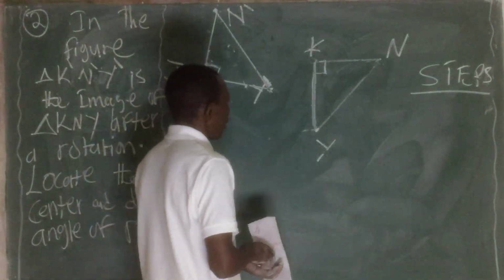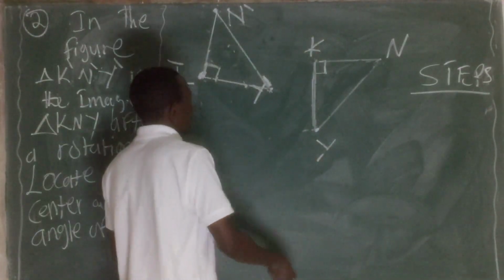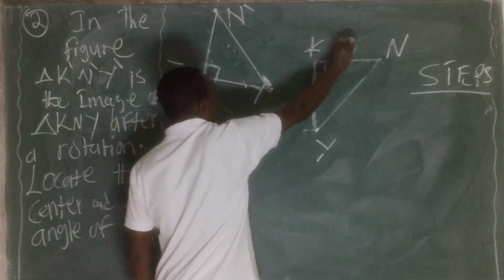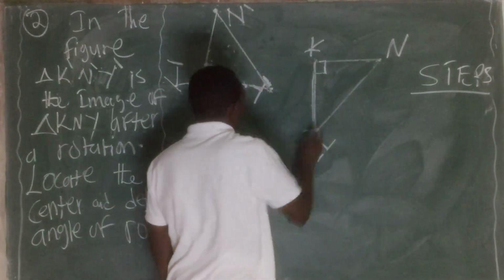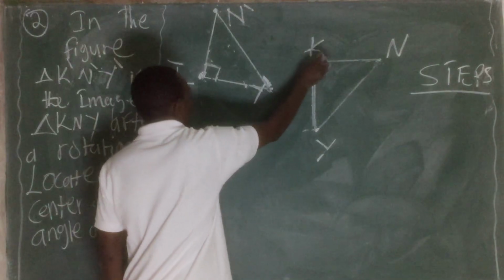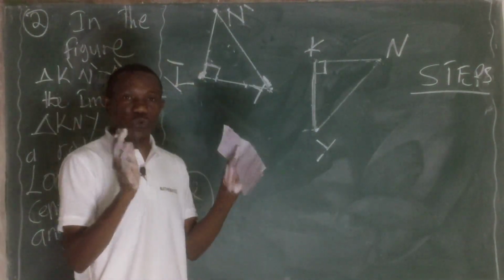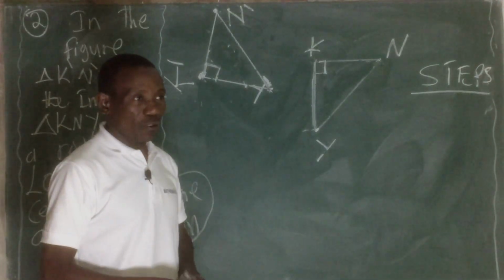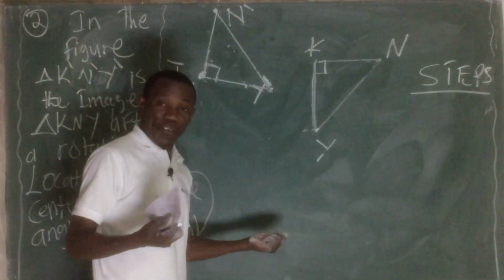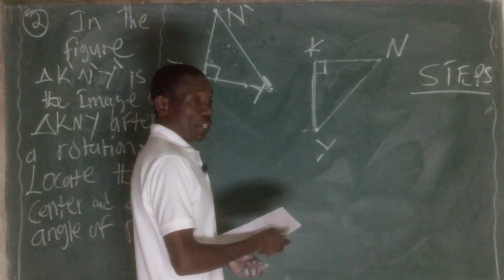For example, I'll begin by connecting n and n prime. Then you also connect k prime and k. At least two pairs are enough, or if you can connect all three pairs, no problem.